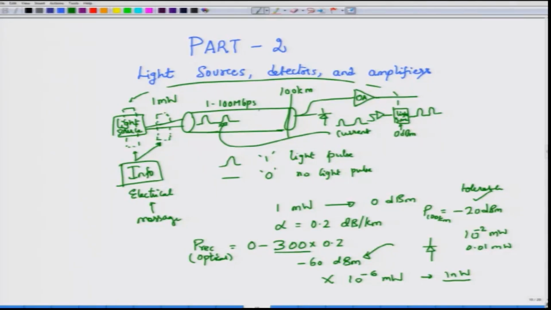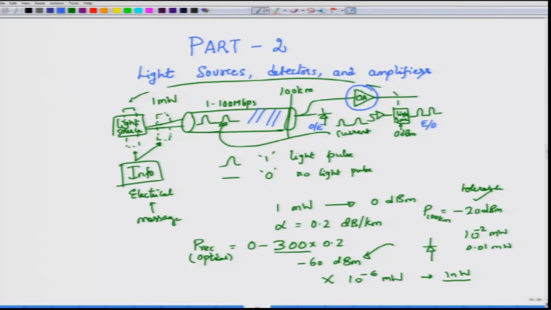So, you could offset the losses in the fiber by directly amplifying in the optical domain, not converting into electrical domain. Okay. So, this conversion from optical to electrical domain is sometimes characterized as O/E, standing for optical to electrical conversion, and then converting from current or electrical format onto the optical is called E/O, which is electrical to optical converters.